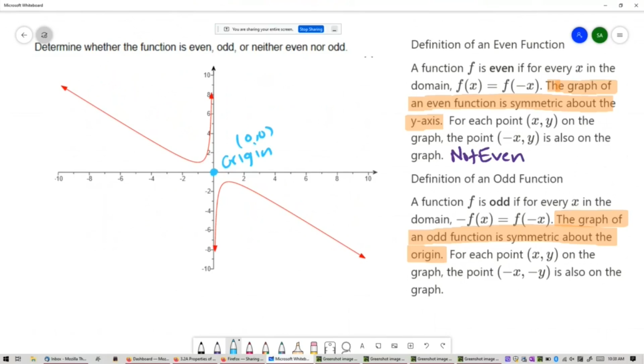So in order to have origin symmetry, you would have a mirror image over the origin. And sometimes people have a little bit of trouble visualizing this, so I like to think of it as two mirrors. You can mirror once over the x-axis and once over the y-axis.